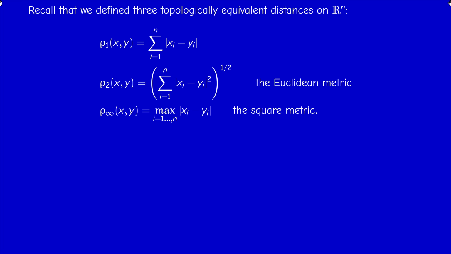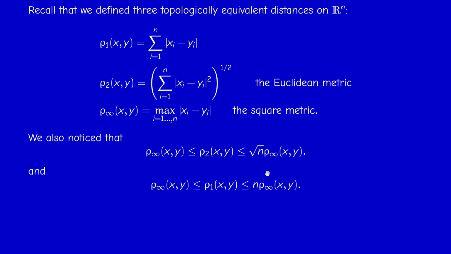And we proved that all these distances are topologically equivalent, so it doesn't matter which distance you take. We also observed something very important, that these distances are related by these inequalities: ρ∞ is less than ρ2, and ρ2 is less than √n ρ∞, and ρ∞ is less than ρ1, ρ1 less than n ρ∞. So actually, this is how we prove that they are topologically equivalent.